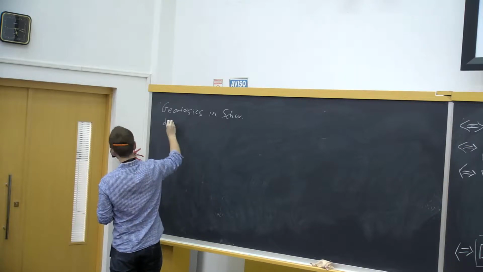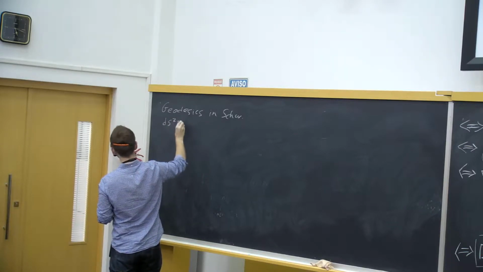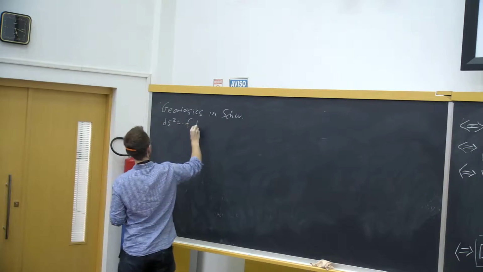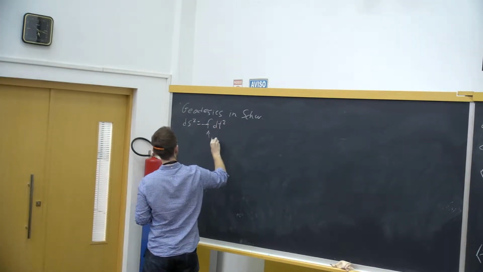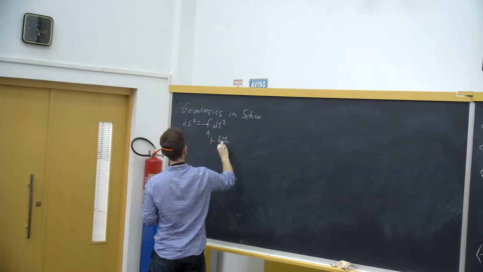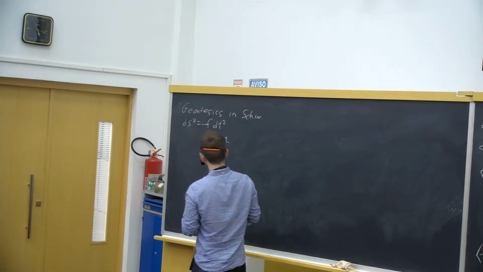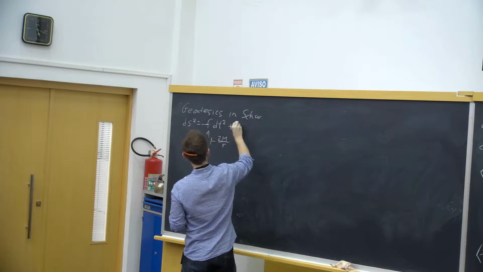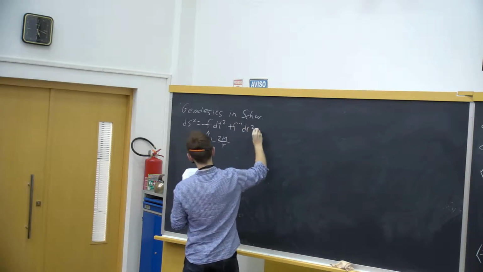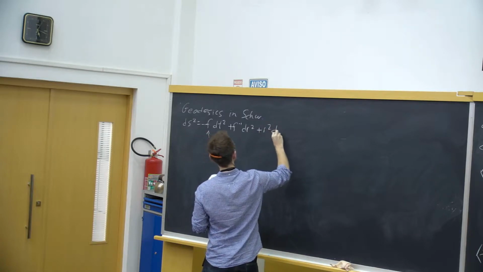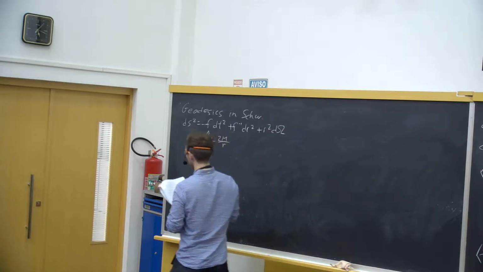So the metric of Schwarzschild is minus f dt squared, where f is 1 minus 2m over r, plus f inverse dr squared plus the metric on the sphere.